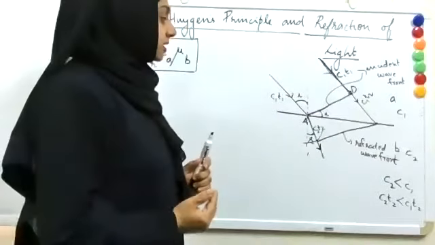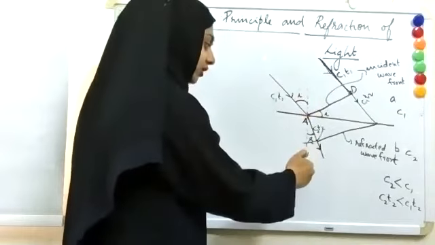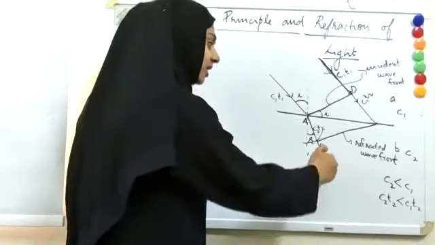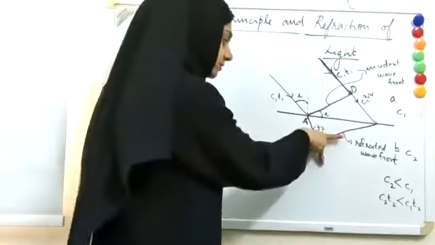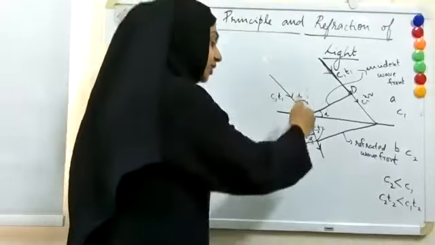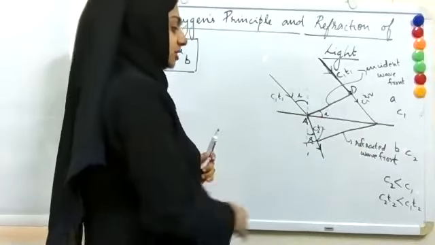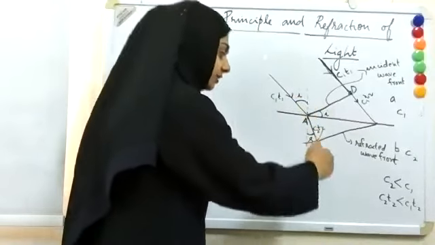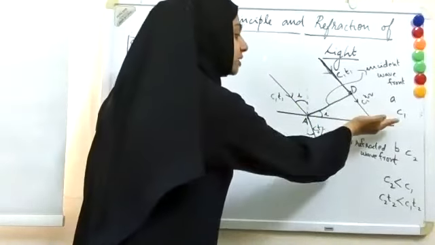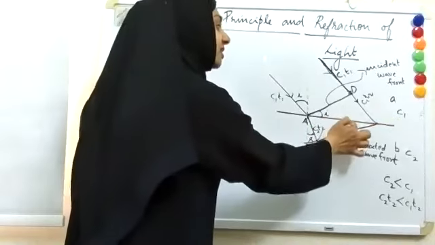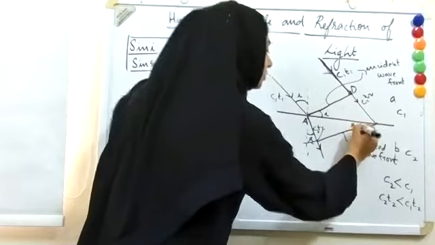By the same explanation, the refracted ray and the refracted wavefront will be perpendicular to each other, and the normal and surface will be perpendicular to each other. So the angle between refracted ray and normal will be equal to the angle between the refracted wavefront and surface. So this angle will be equal to R.